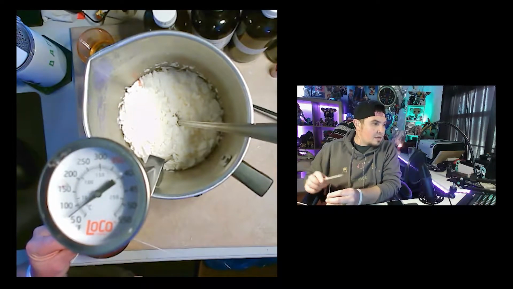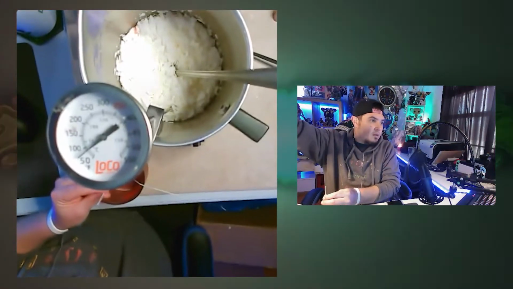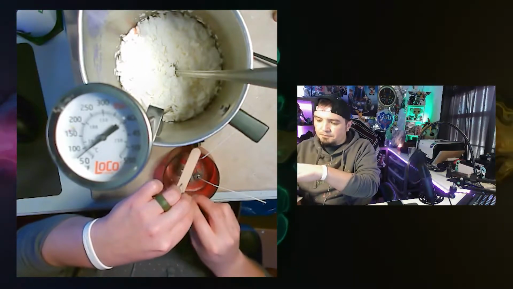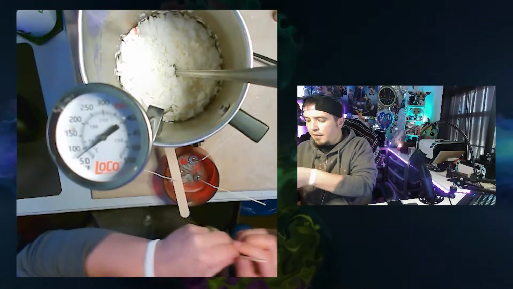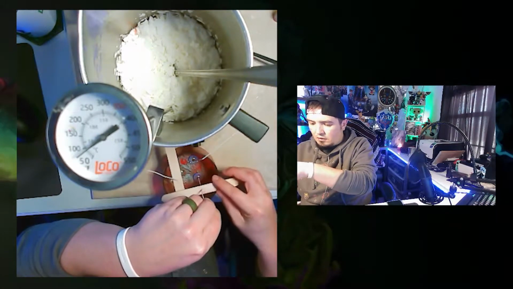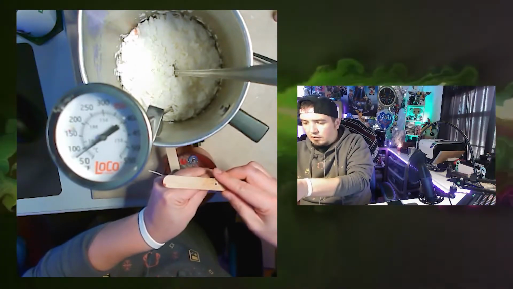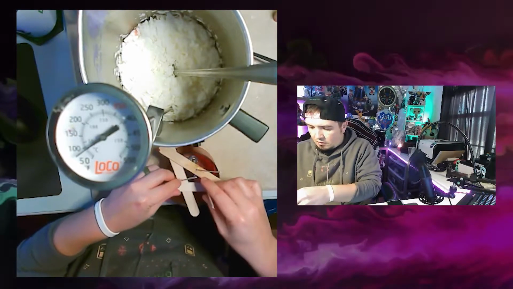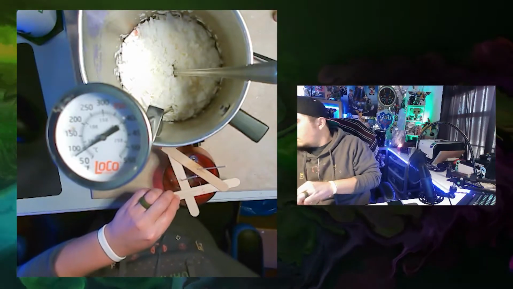So with this, while that is going, I'll just do right here. I have popsicle sticks to feed the wicks through, and that'll keep my wicks upright. And I'll tape them together so they're not all wonky looking. Just use some tape.